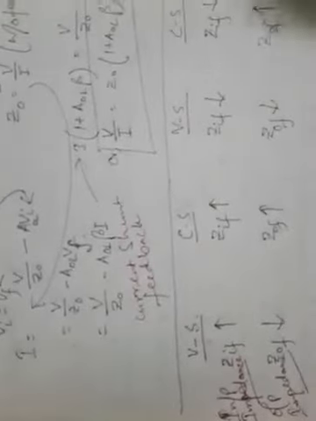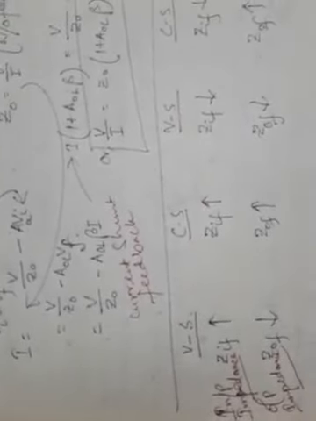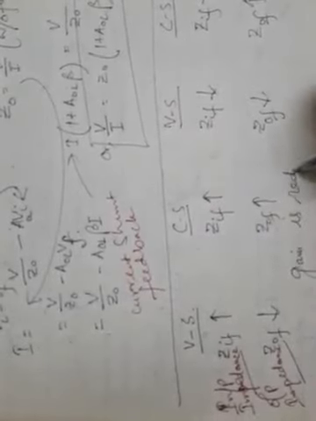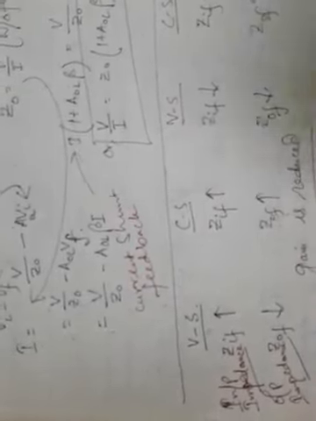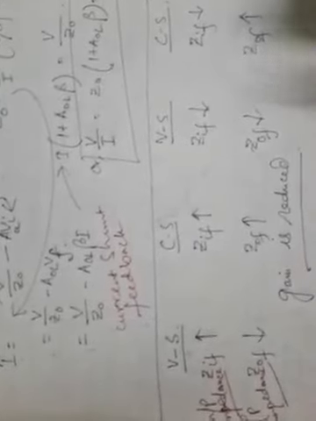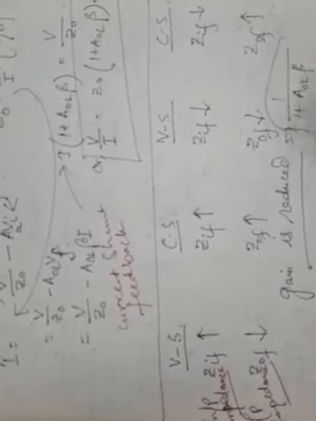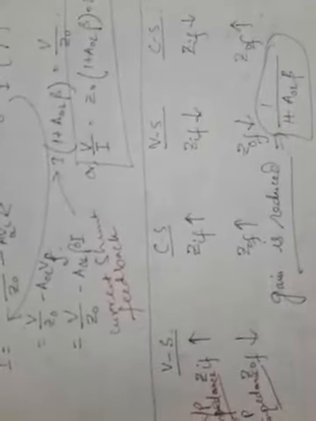And for all cases of gain, for all 4 topologies, the gain is reduced and also stabilized because of the use of negative feedback by an amount 1 by 1 plus AOL beta. This is common for all 4 topologies.